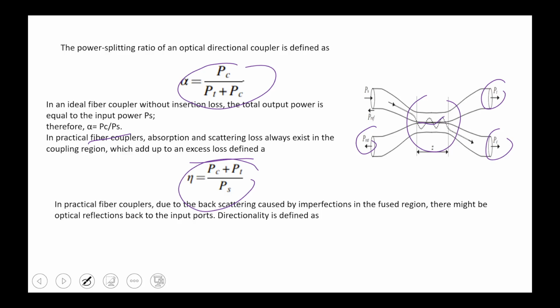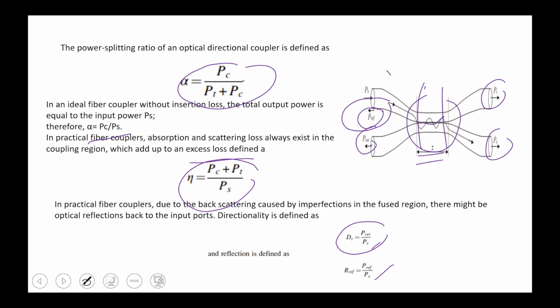In a practical optical fiber, there is back scattering caused by imperfection in the fuse region. This is the fuse region. There might be optical reflection back to the input port. Directionally, it is defined that this is the reflection at the input port. The reflection can be defined as PR upon PS, or the reflection is P reflection over PS.